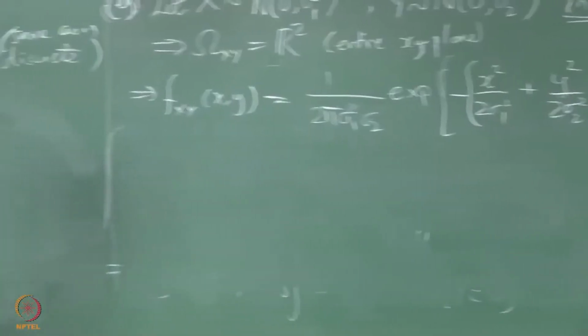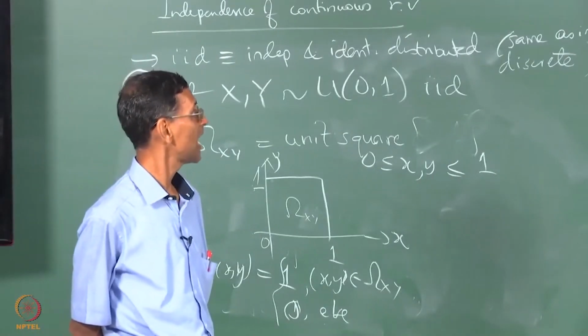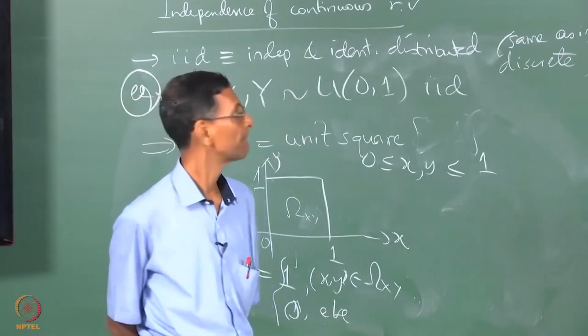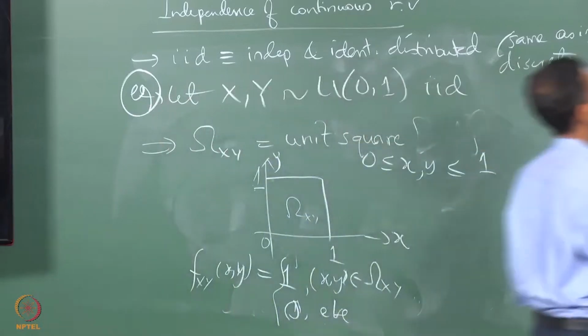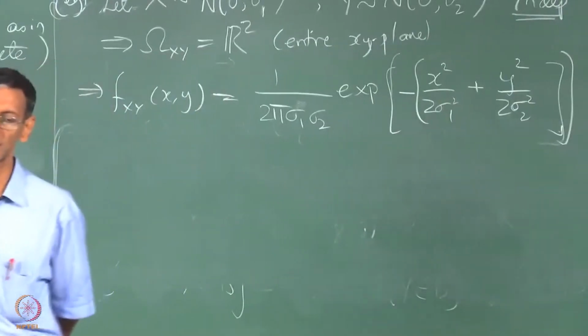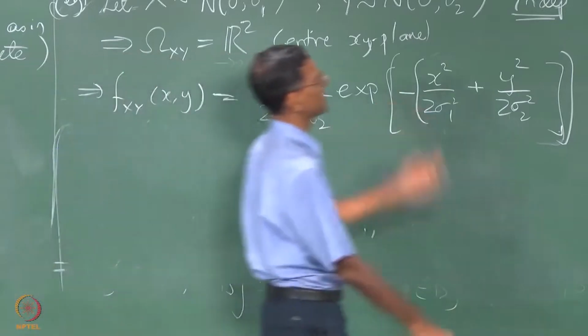Of course I can pull out the half also. If I pull out the half, I get minus half of x squared by sigma 1 squared plus y squared by sigma 2 squared, and I need one more bracket to round it off, otherwise mathematically it is incomplete. So this is for all xy.